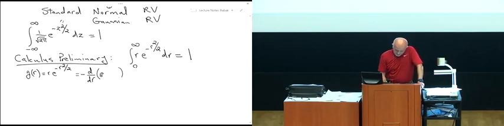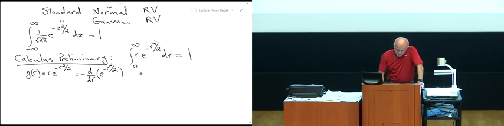Negative e to the negative r squared over 2. If you differentiate that, don't you get the integrand? Is everybody here? Chain rule. I differentiate the exponent. That's minus 2 divided by 2. So that's minus 1. That's why we need another minus here. And then e to the, and then what? 2r. That's where the r comes from. And then you've got the exponent.